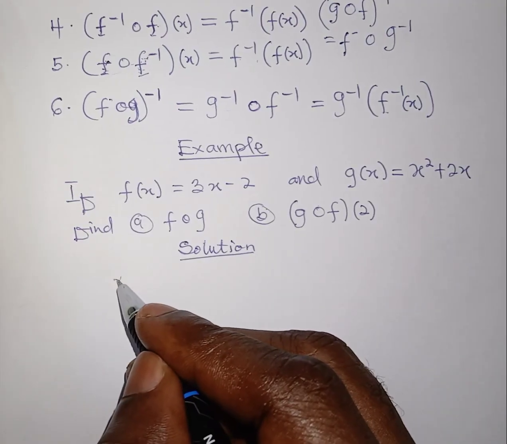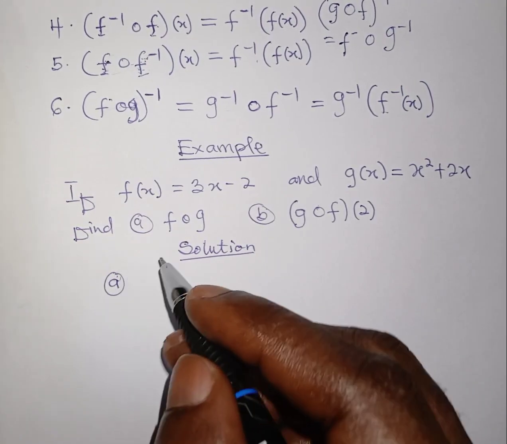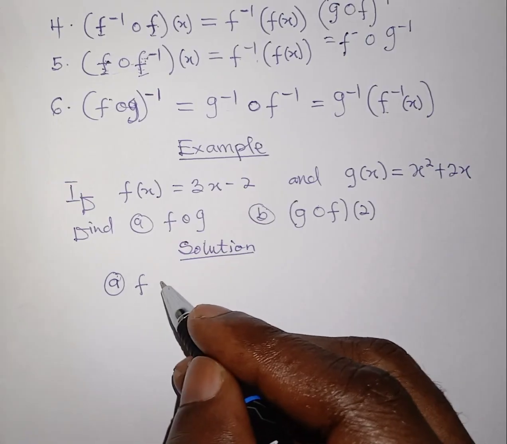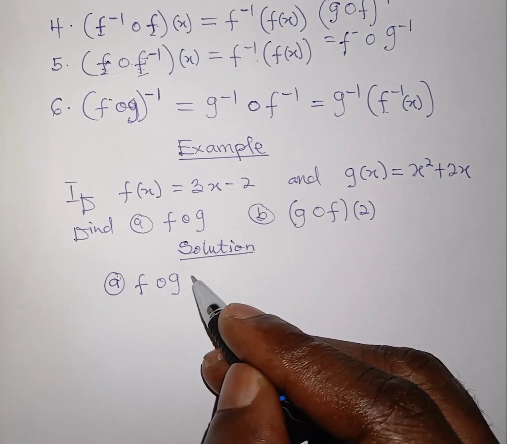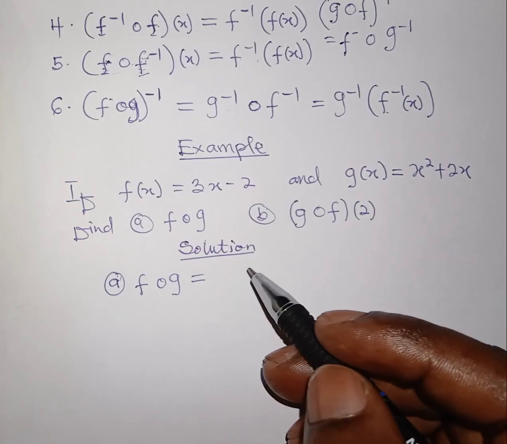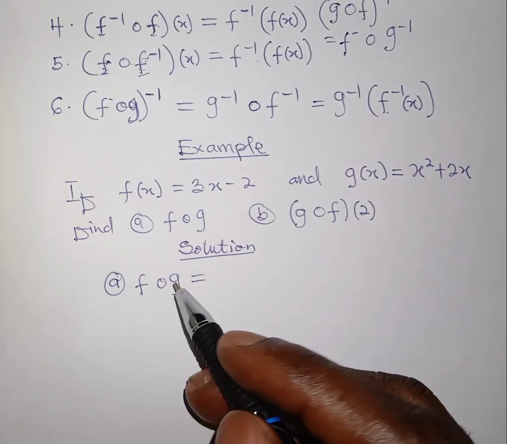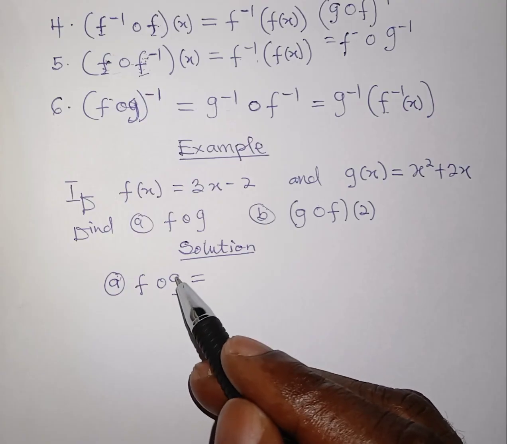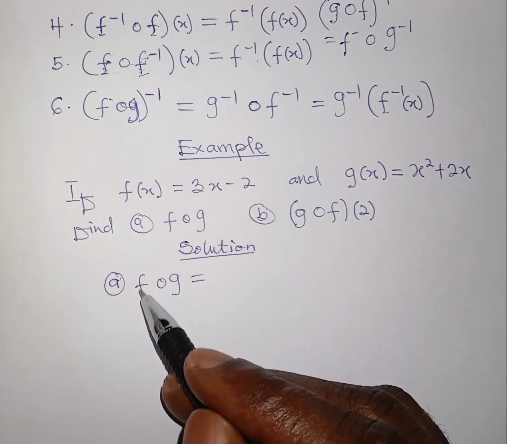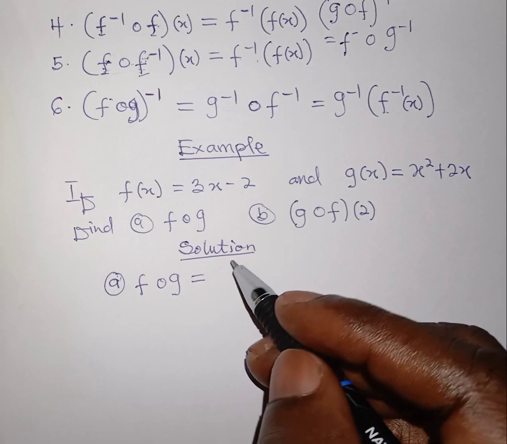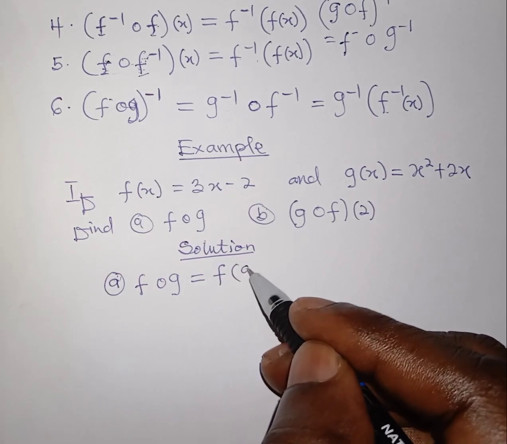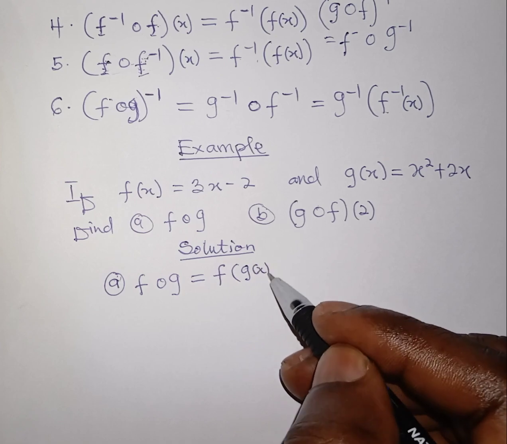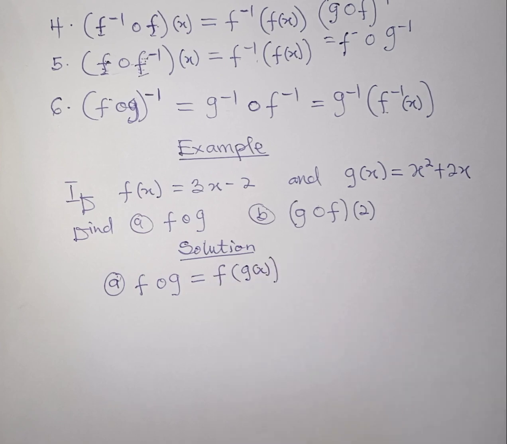So example A, f o g, which is g followed by f. You remember the properties that we gave. It means that the domain of g should be found in the domain of f, meaning we are going to put the function g into f. So it's very simple.